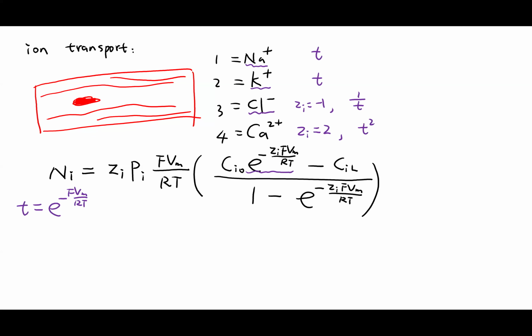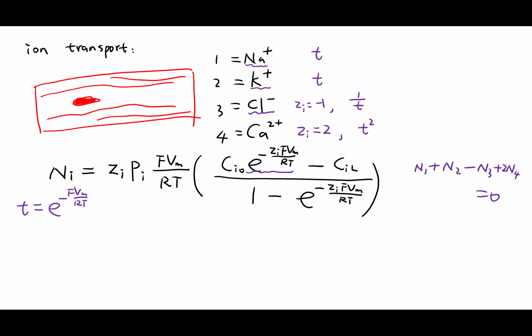So based on the current within the cardiomyocyte membrane, we will have N1 plus N2 minus N3 plus 2N4. This is equal to 0, okay?